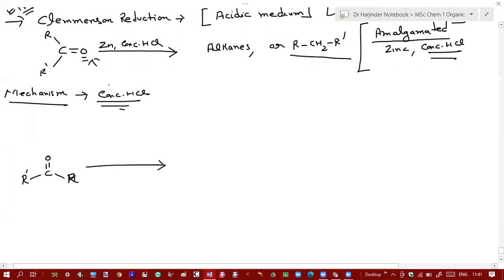So what will this HCl do? Since it is an acid, it will give H positive ion. This H positive ion will go to this oxygen and the oxygen will get protonated. So in the very first step, your aldehyde or ketone will get protonated, and it gets a positive charge.